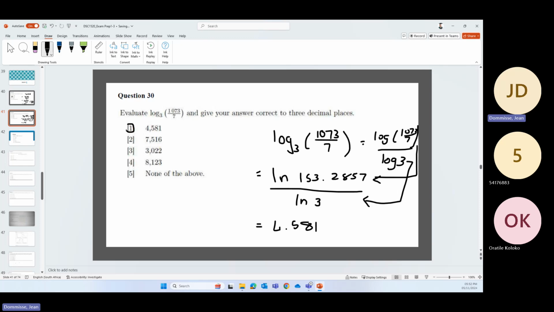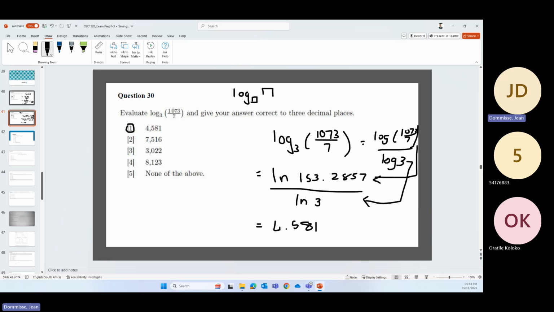So again, just showing how to do the log. If your calculator, like mine, does not allow you to put in the log in this form, sometimes the Casio and the Sharp, you're allowed to put in things like this.